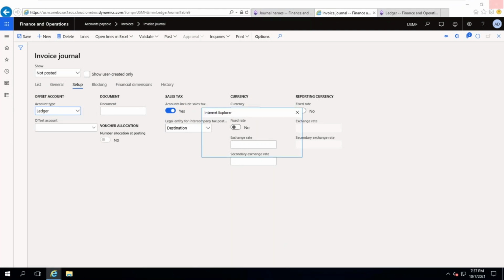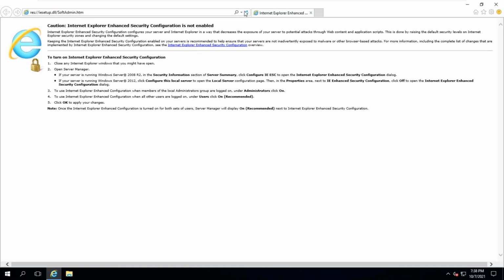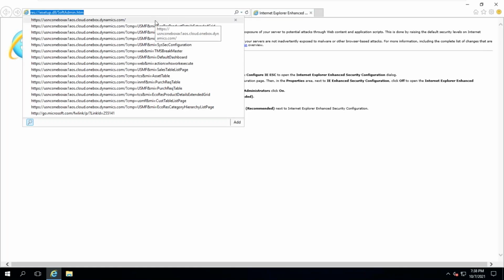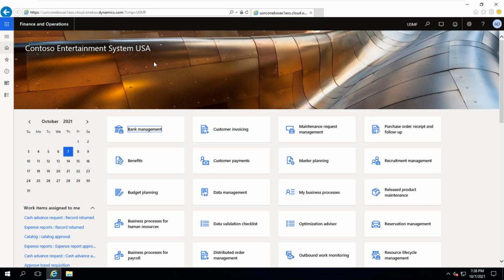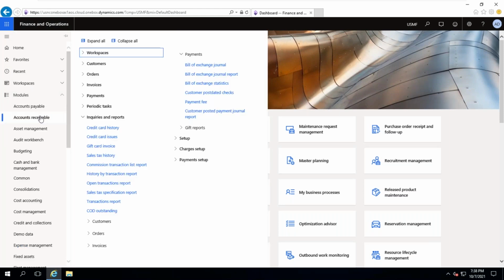let me close this application and open a fresh application. Okay, here, if you look at this one, yesterday we learned about AP foreign currency revaluation.